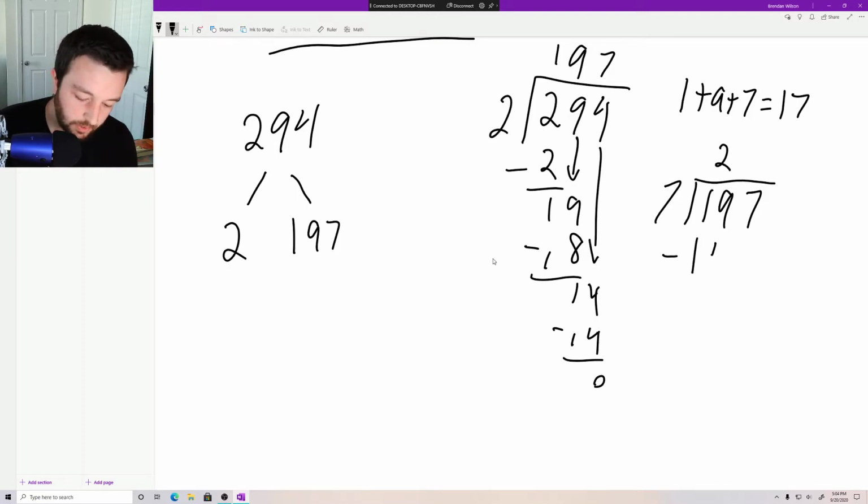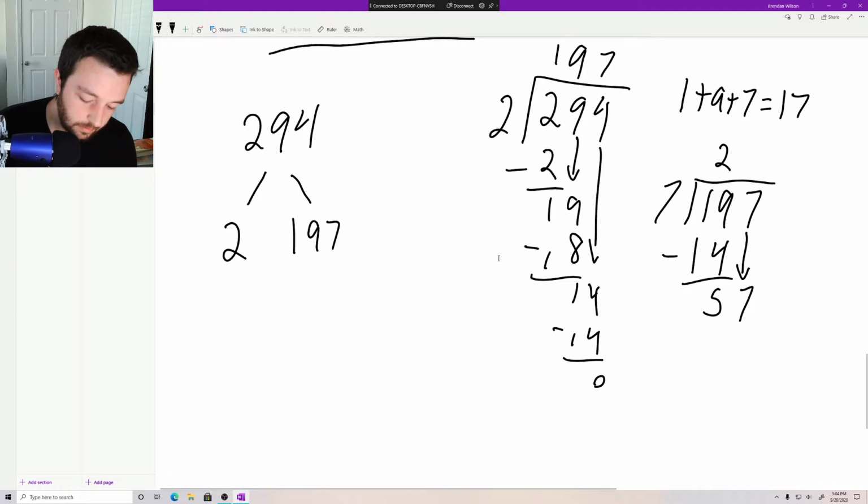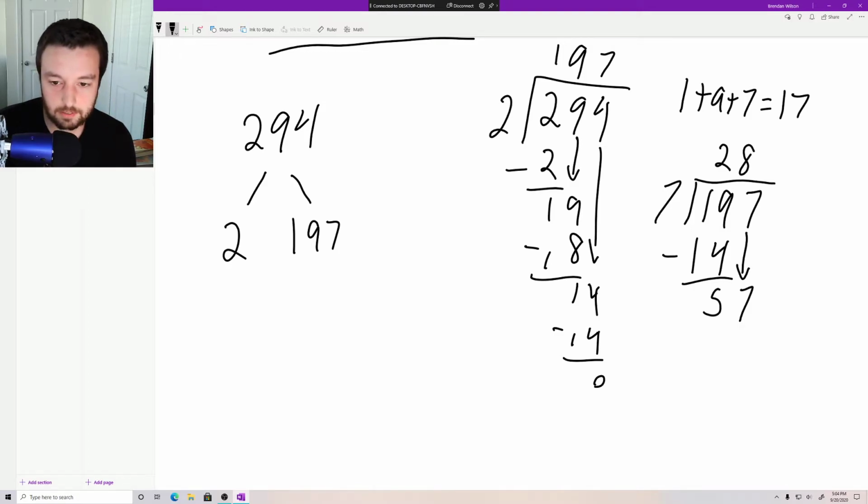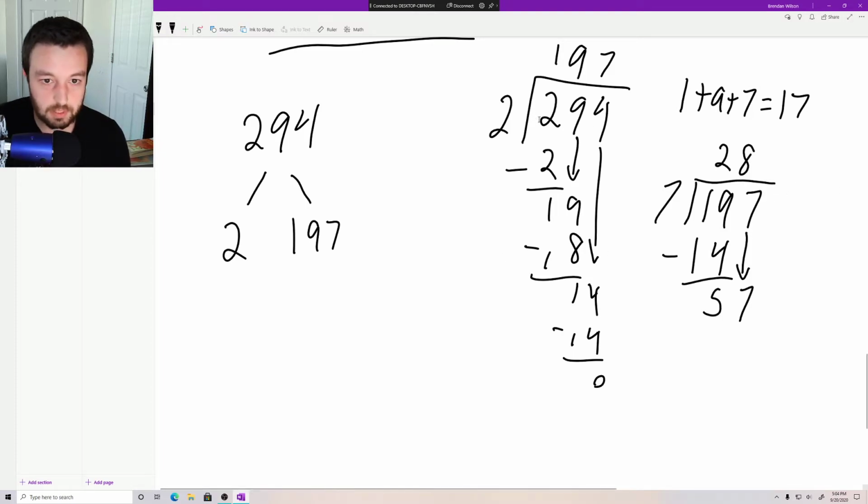So we have minus 14 is 5. Sorry, I'm doing something wrong here. Did we do this long division wrong?